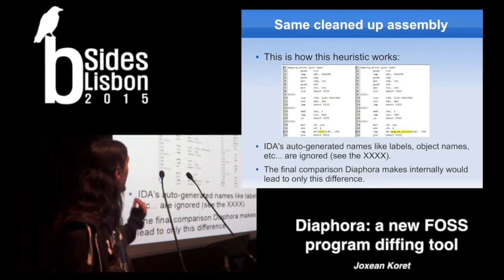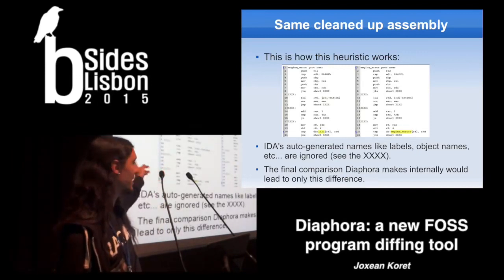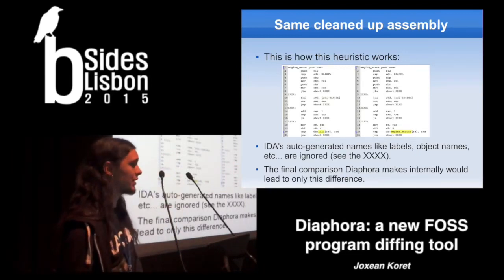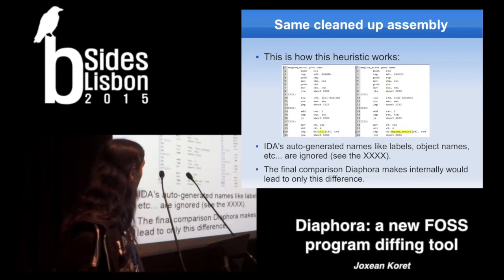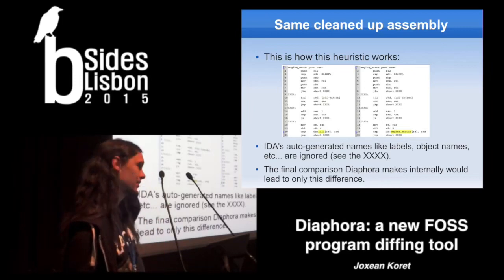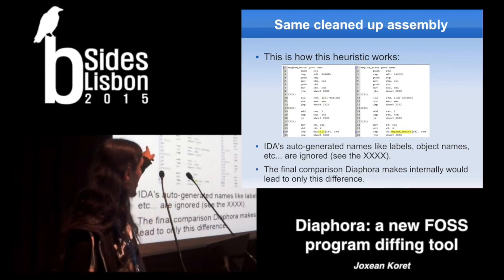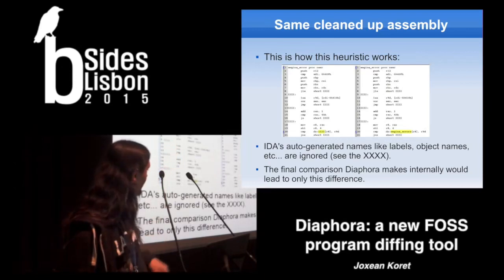This is how internally the heuristic works. This is the cleaned up version of the assembly for both databases. As you can see, there is no label, there is no IDA auto-generated name. In this example, this is the Avast antivirus for Linux. We have the match because we know that engine errors is the same function in both databases.